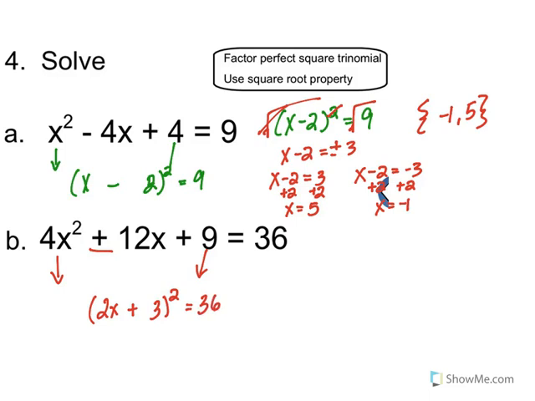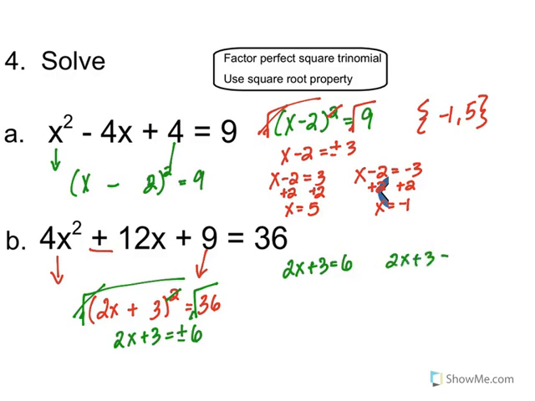I can square root both sides to solve this, so I'm using the square root property here. So take the square root of both sides. The squared and the square root will cancel out, so that leaves me with 2x plus 3 is equal to positive or negative 6. And then again, we're solving this. So that says I can solve the equation 2x plus 3 equal to positive 6, or 2x plus 3 equal to negative 6, and then we solve.